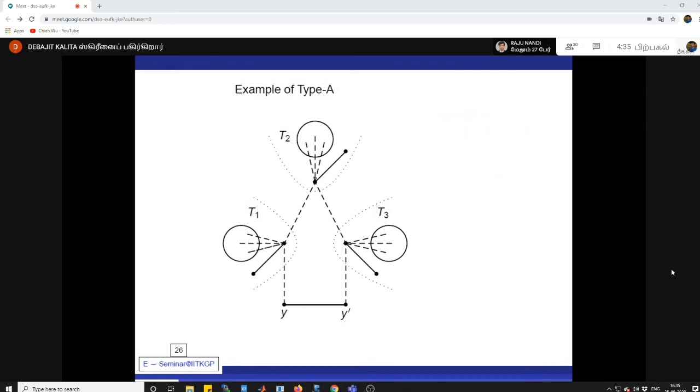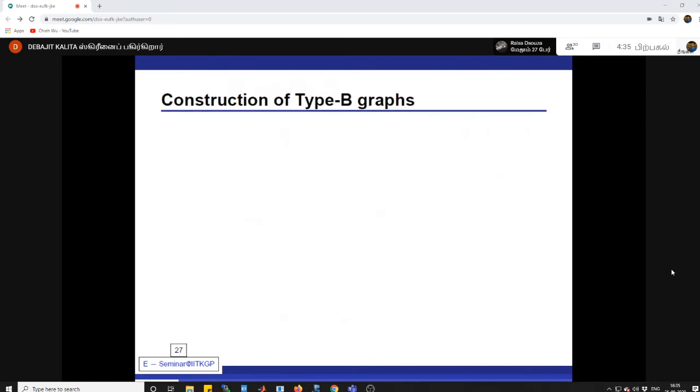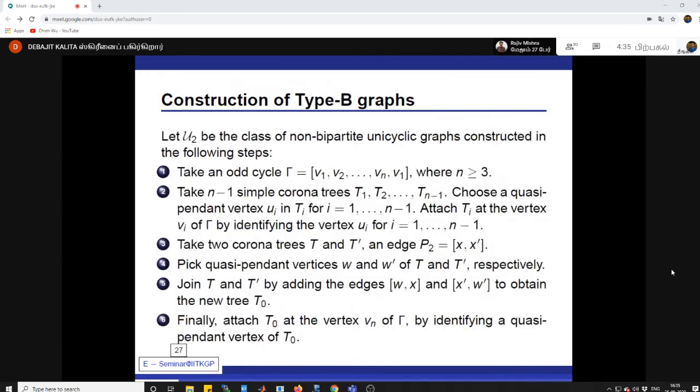Then we go to another class of graphs which we call type B graphs. So how do we construct these? Again we take an odd cycle, and now its length can be 3, so it is greater than or equal to 3.